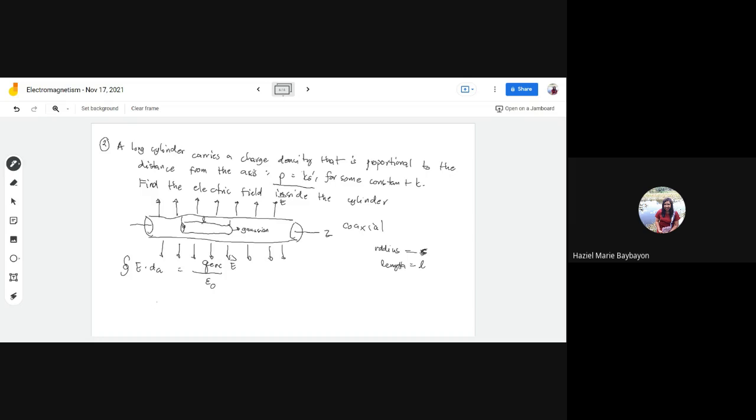We are not given Q enclosed, but we are given rho, so we can integrate: Q enclosed is the integral of rho d tau.